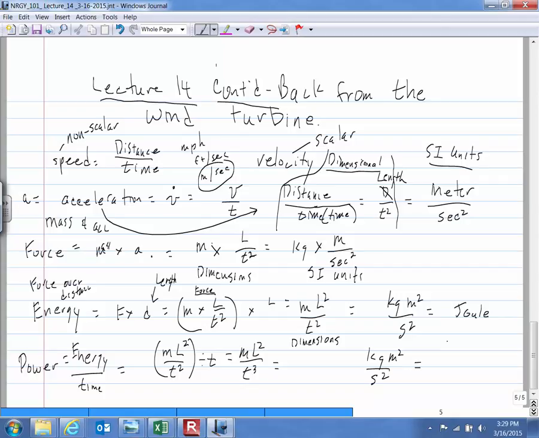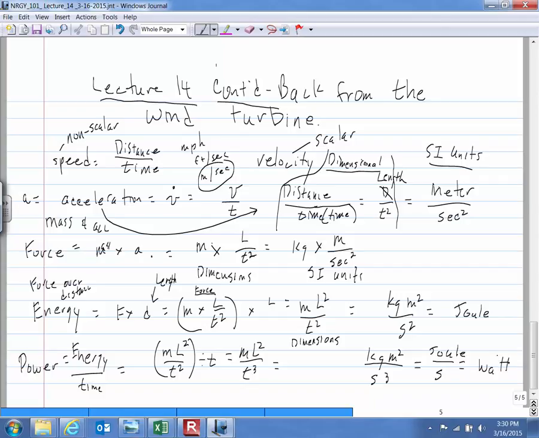And we know a joule per second. Per second cubed or squared? Per second cubed, and I wrote it wrong. Thank you, I do that about 100 times a day. Said it and didn't write it. Kilograms meter squared per second cubed is a joule per second, which is equal to a watt.